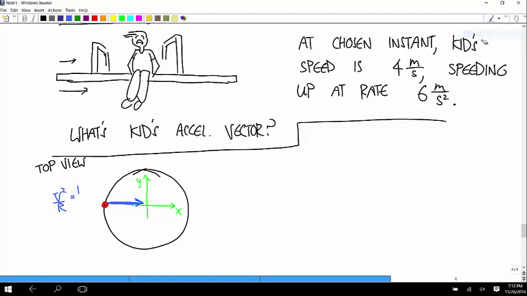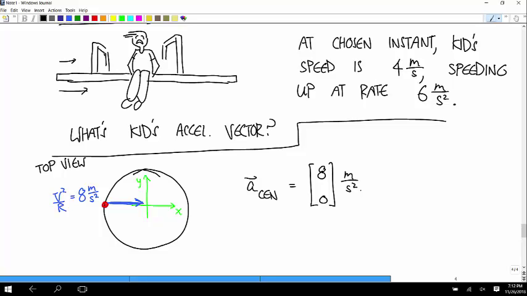Radius is 2 meters, so 16 over 2 is 8 meters per second squared. And so the centripetal acceleration vector is (8, 0). Any questions about that?